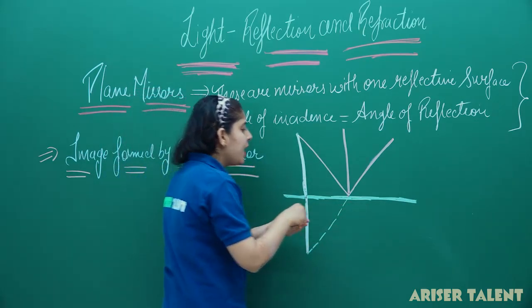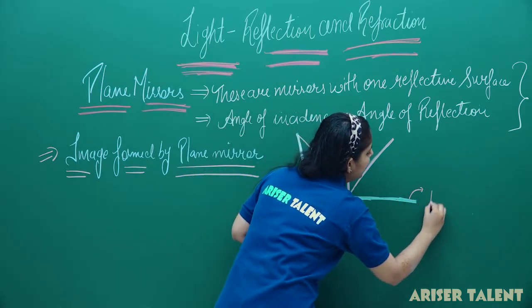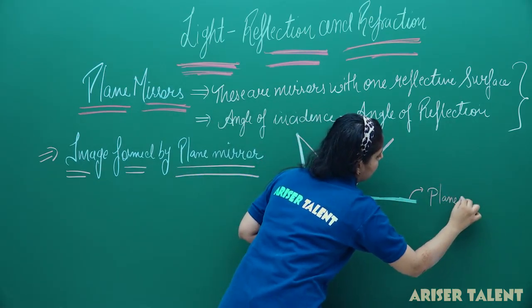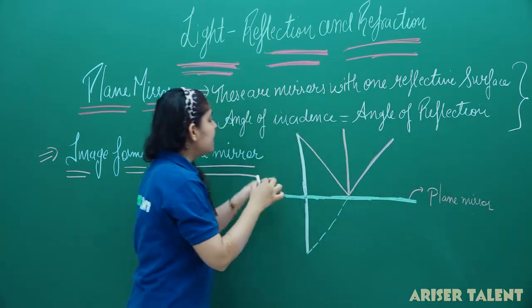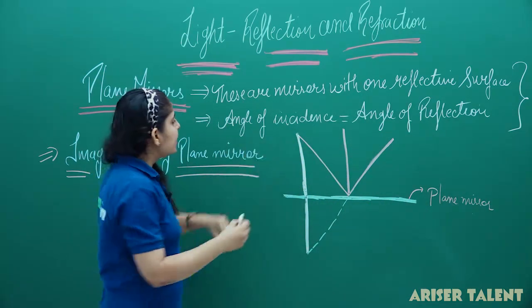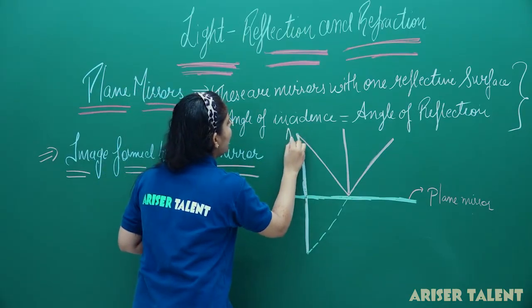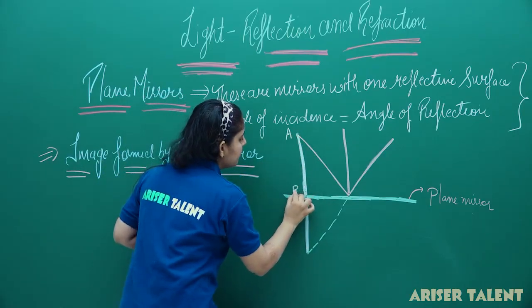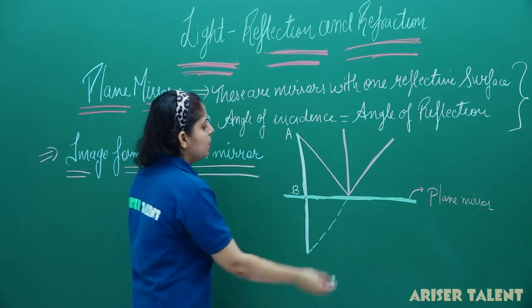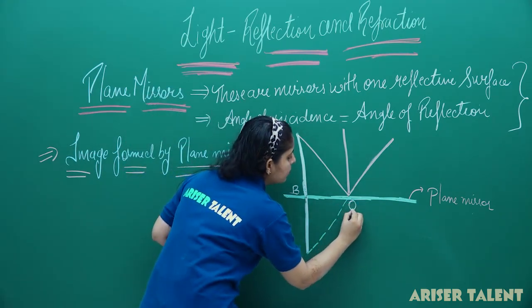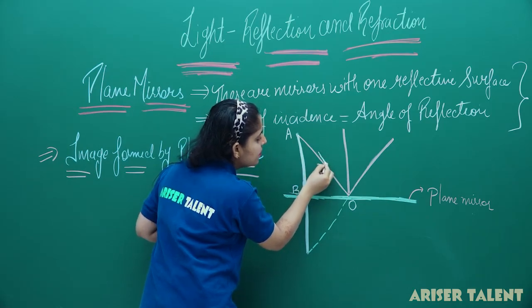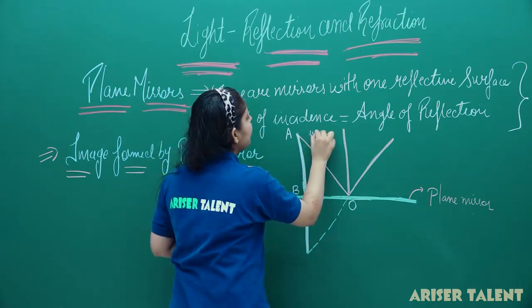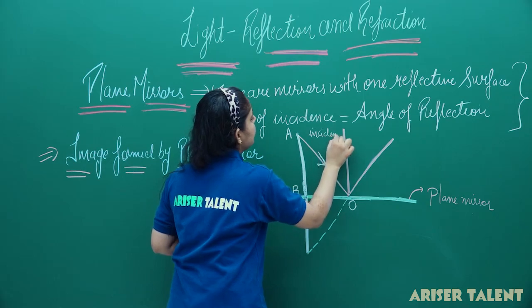In this picture, this is the plane mirror, and the object we are considering here I am naming AB. Now this is our point O. This is our incident ray, so I can name it the incident ray.